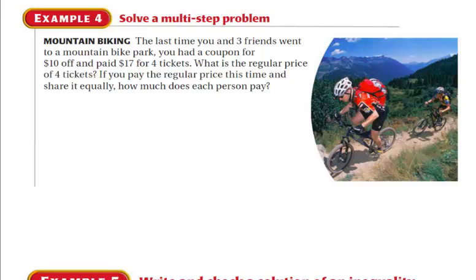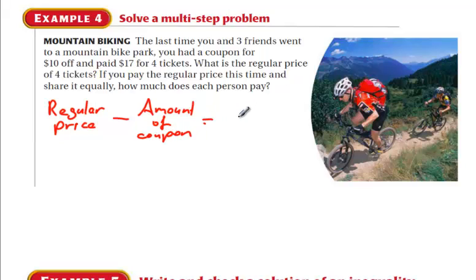If you pay the regular price this time and share it equally, how much does each person pay? Basically, we need to pay the regular price if we don't have a coupon, right? Now we get $10 off the regular amount with the coupon, and that equals the amount we paid.